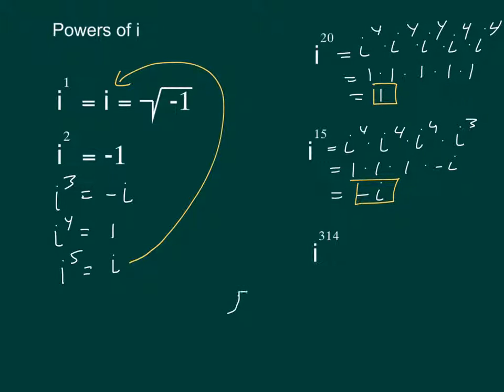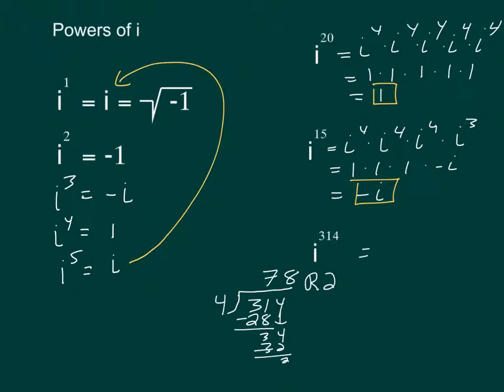So if I do 314 and divide it by 4, I don't care about the quotient, which is pretty easy to find. It's going to be 3, bring down the 4, and that's going to be 8, 32, 2. What I'm interested in is actually the remainder of 2.